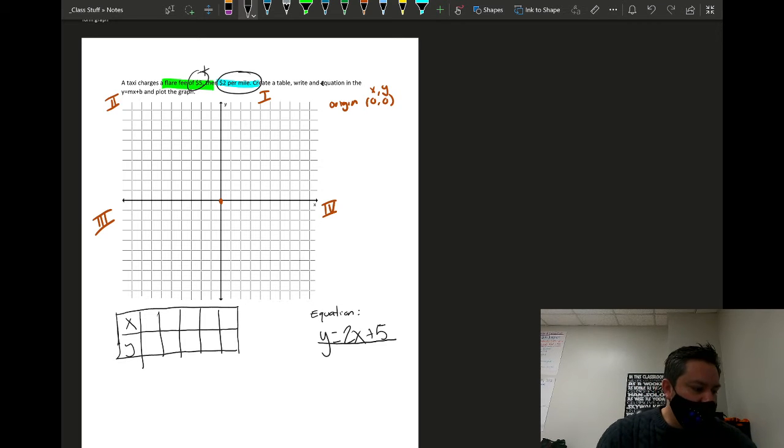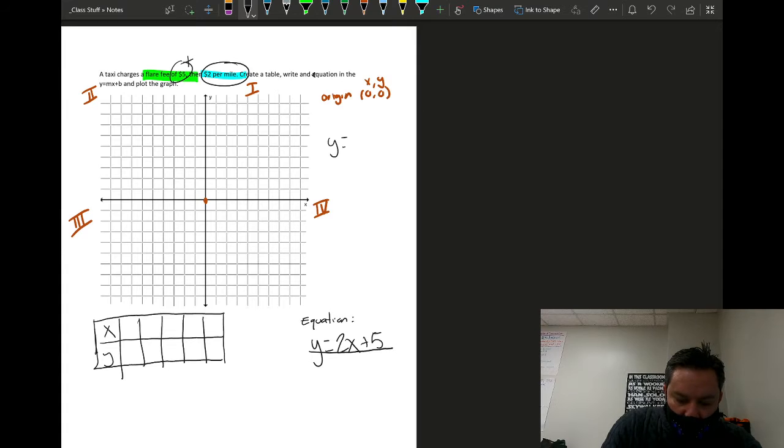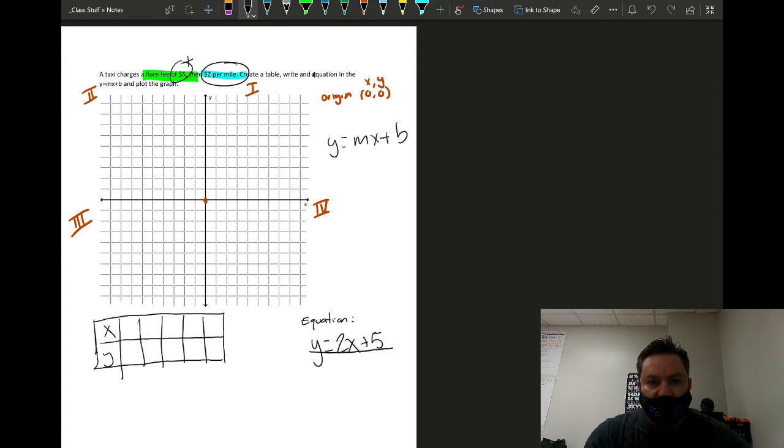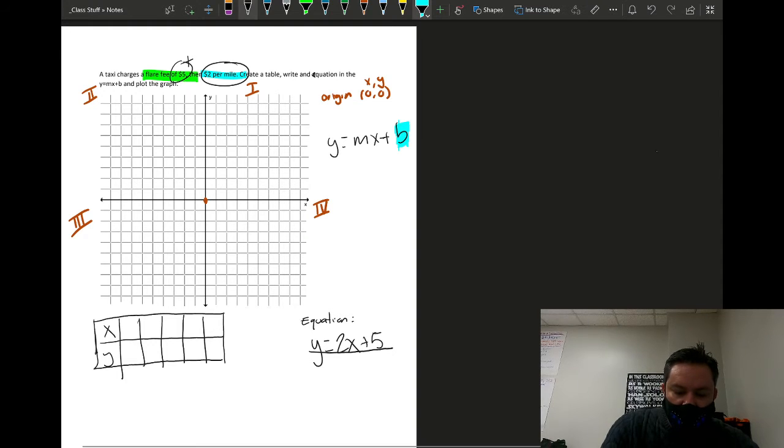Now, in this equation, the form y equals mx plus b, we have two different letters that we're gonna work on, okay? The first thing that we gotta know is b, right here. This right here is going to be called the y-intercept, okay?